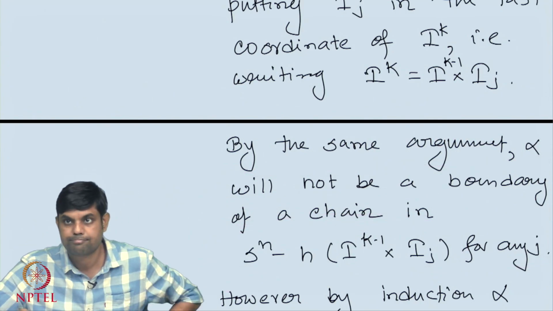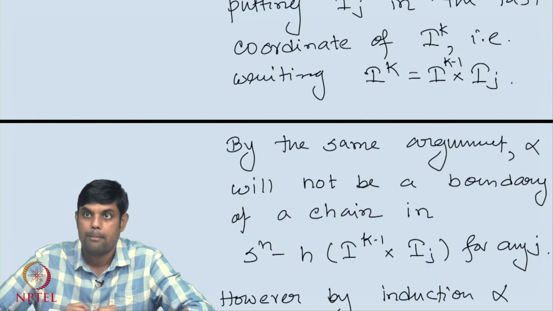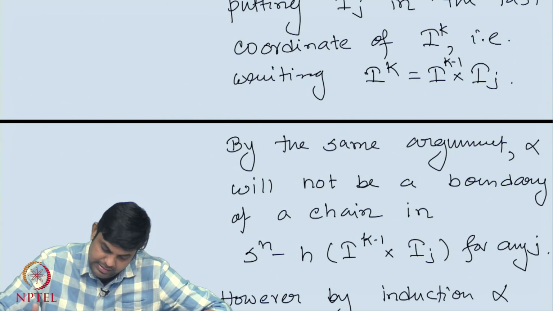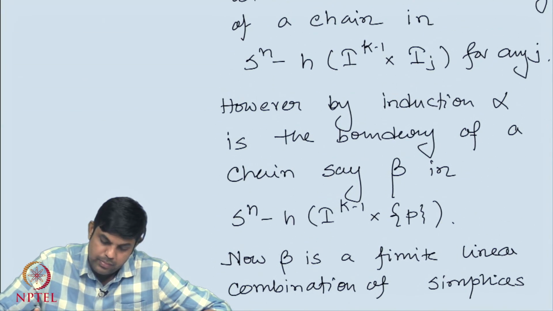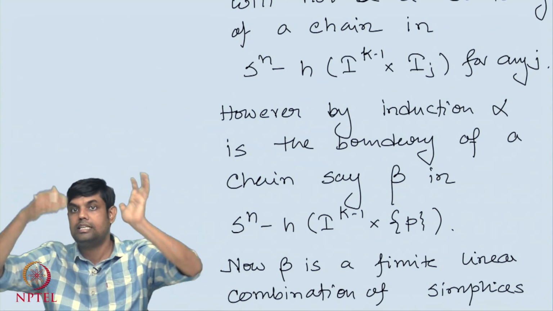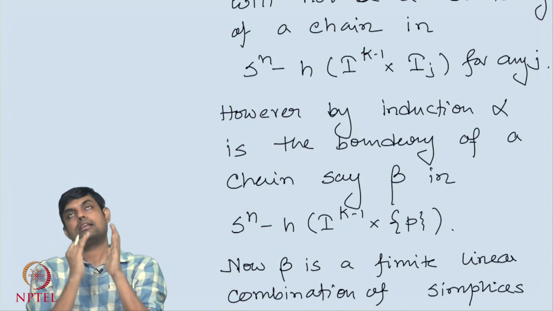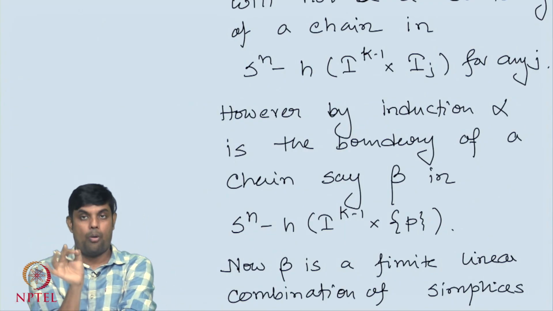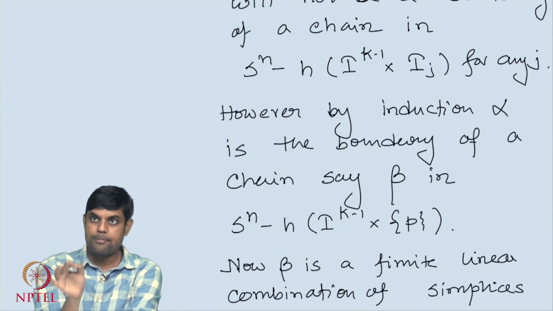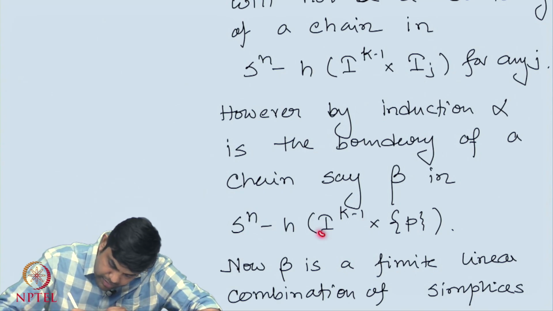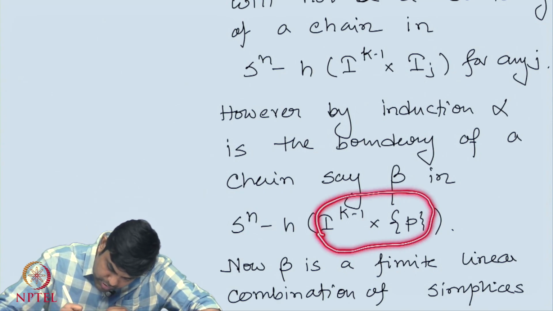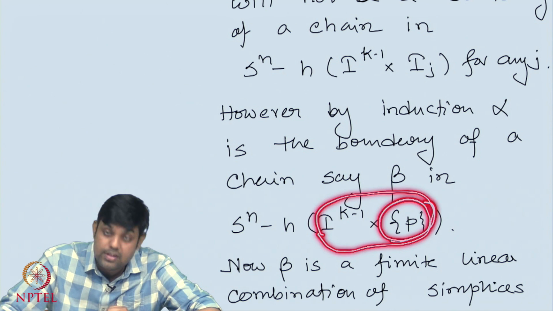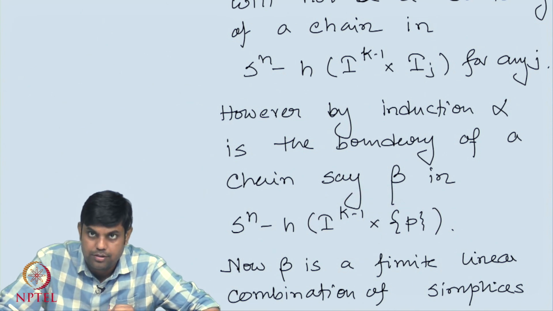This is true. But what happens here is that if I go to the limit, j tends to infinity, I am splitting again and getting to a point P, and the object looks like I_{k-1} cross P, which is just a (k-1)-dimensional object.